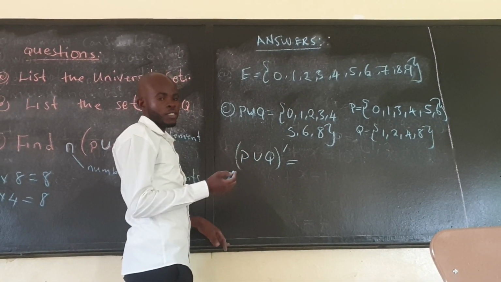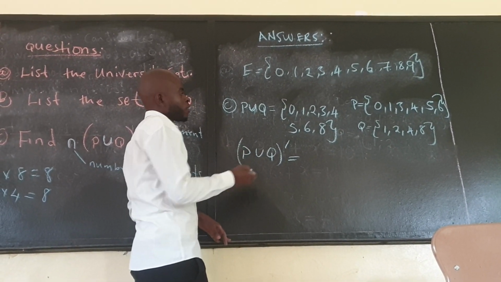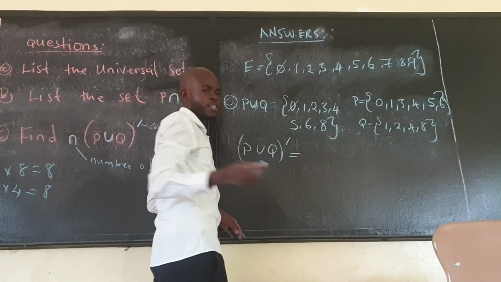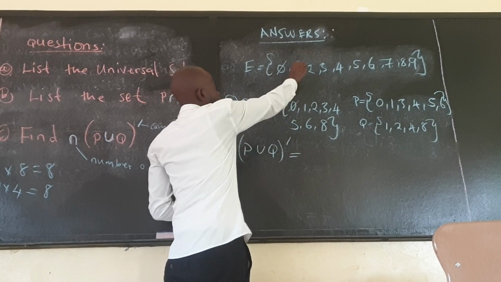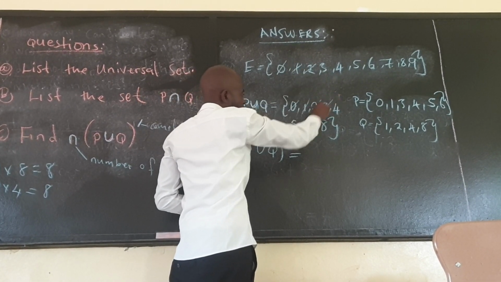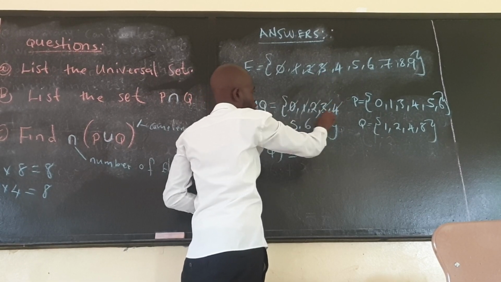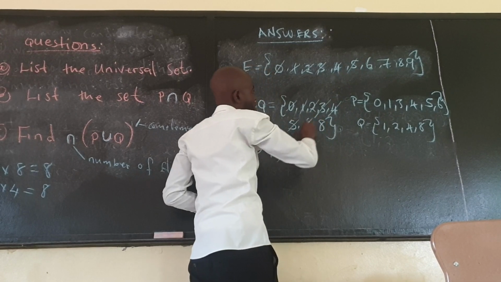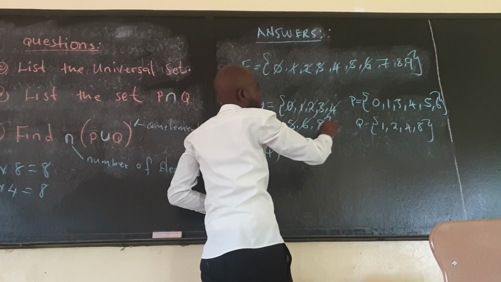What I usually do is I cancel. So since I have 0 here, I'm going to cancel 0 there, so that I see the numbers that I'm going to remain with. 1, I'll cancel there. 2 is there, I'll cancel there. 3, I'll also cancel that side. 4, I'll also cancel. 5, just like that. 6, 8.